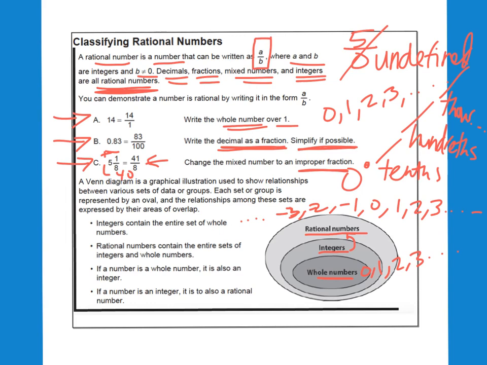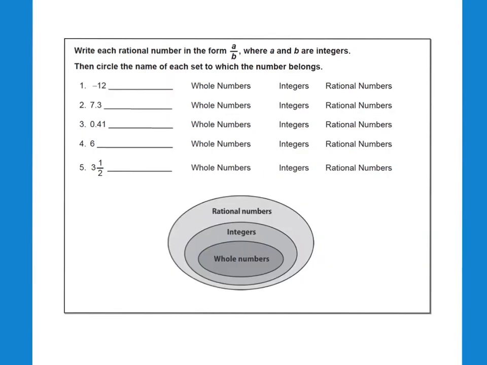Is it an integer? Is it a rational number? If it's a whole number, it's also an integer and a rational. Numbers that are only rational numbers are numbers that are not integers and not whole numbers. So we're going to practice classifying as well.